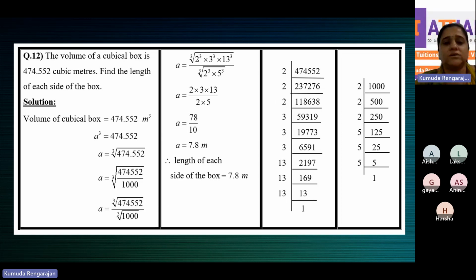Now, how do you get rid of the cube root symbol? From 3 equal factors, 1 comes out. From 3 2s, 1 2 comes out. From 3 3s, 1 3 comes out. From 3 13s, 1 13 comes out. From 3 2s, 1 2 comes out. From 3 5s, 1 5 comes out.